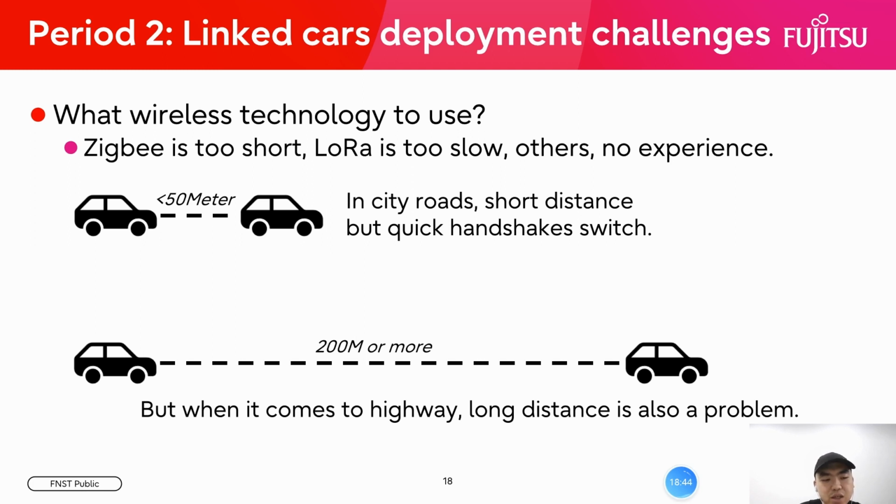This is mainly reflected in urban roads and on highways, because on urban roads we face short distance but quick handshake switching. But when it comes to highways, it's going to be long distance, so it's going to be a problem.